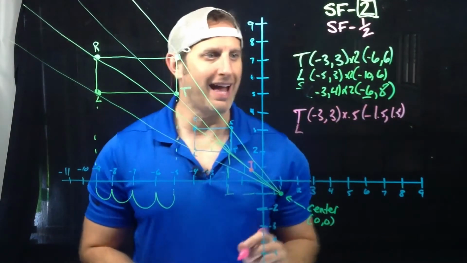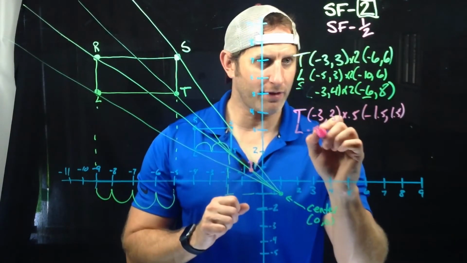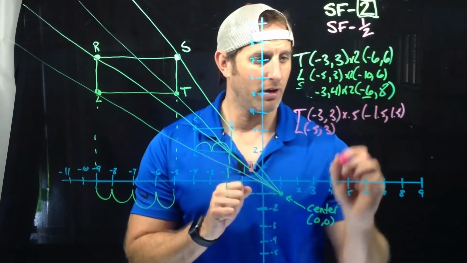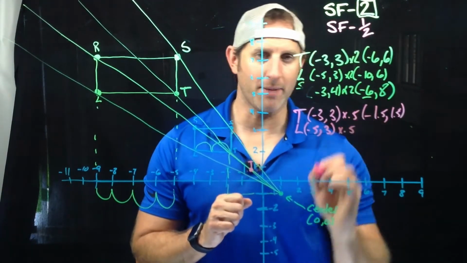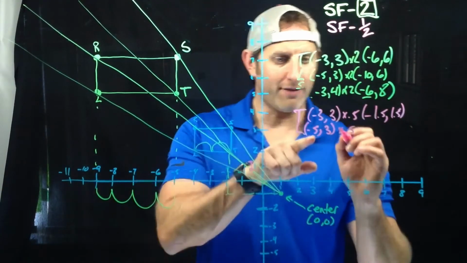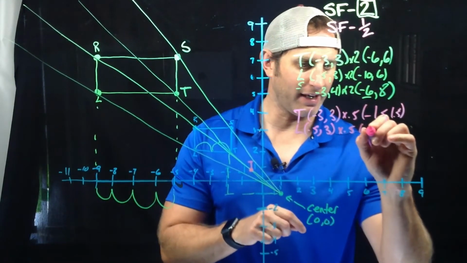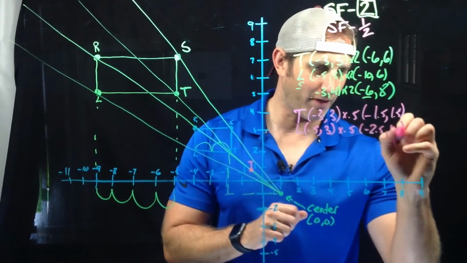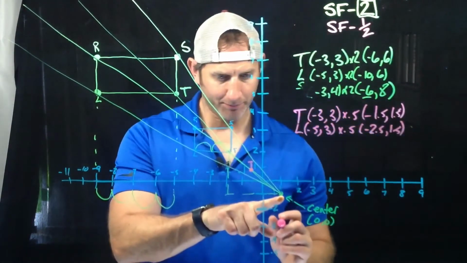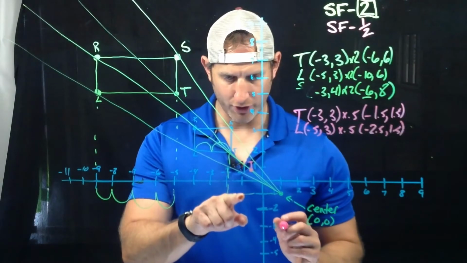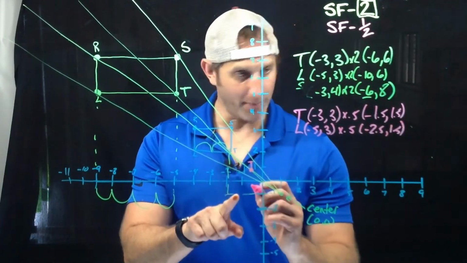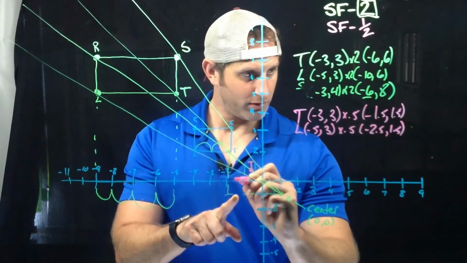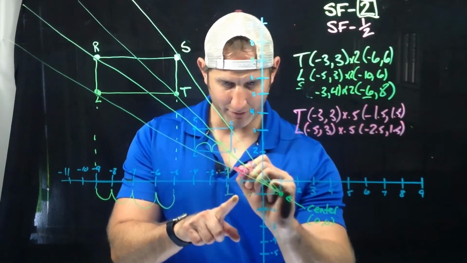Let's see if it works for L. Negative 5, 3 away from center. I'm going to times it by 0.5. If I have that, I'm now negative 2.5, and this is now 1.5. Start at center, over 2.5, and then I'm going up 1.5, right there.